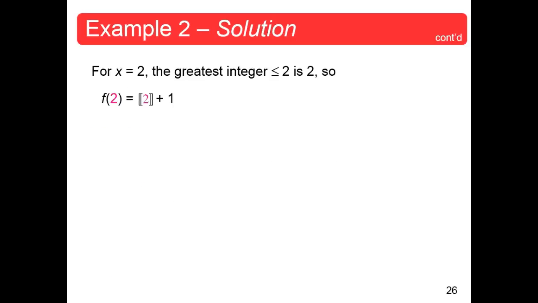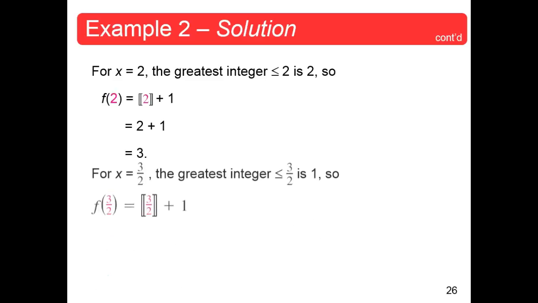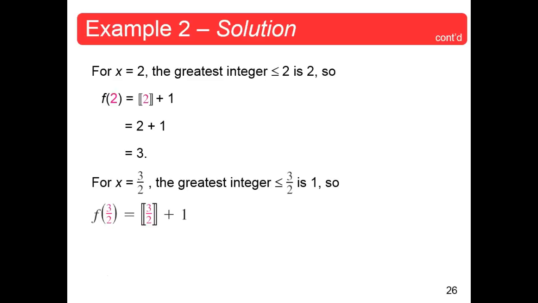Greatest integer in 2 is 2, plus 1 is 3. The greatest integer less than or equal to 3/2 is 1. So f of 3/2 would be greatest integer in 3/2 plus 1. That would be 1 plus 1, 2. Didn't know you'd be doing such high-level math today, did you, when you came in? 1 plus 1 is 2.